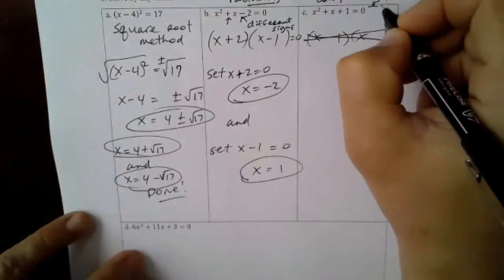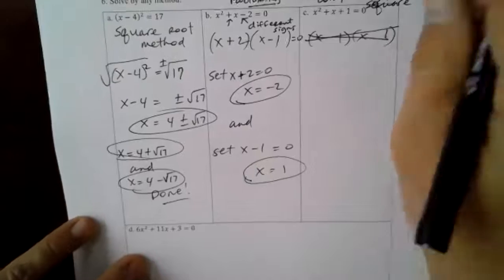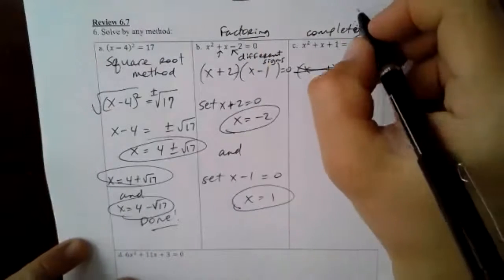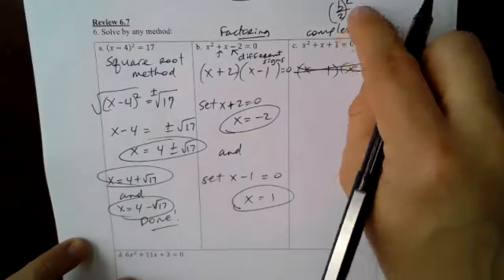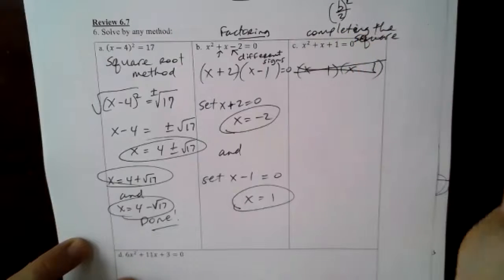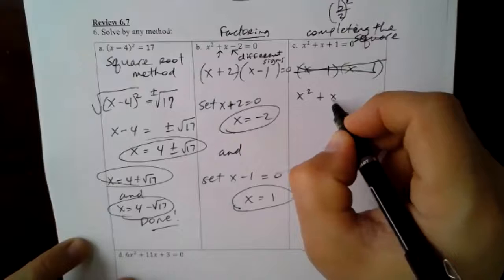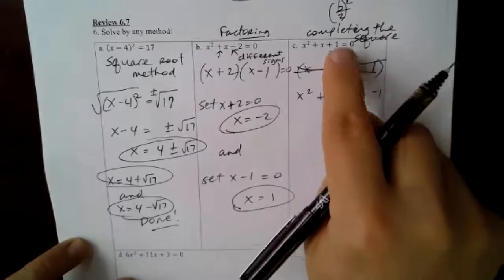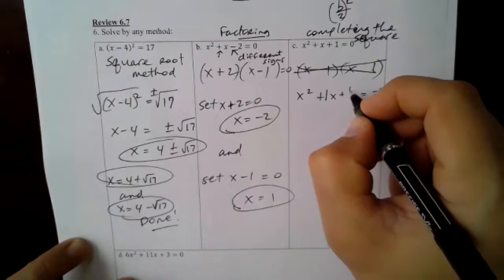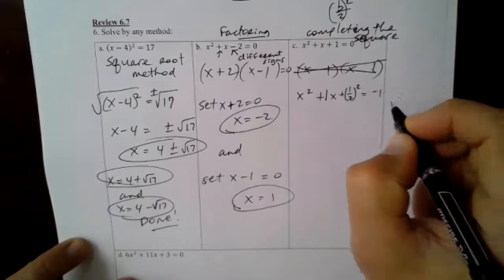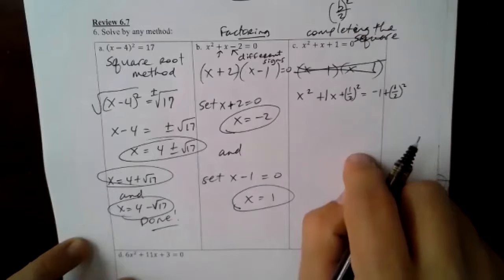Let's try completing the square just to refresh you. When you hear the words completing the square, remember the term b over 2 squared. These two need to be synonymous in your mind. So what we're going to do is move the c term over to the other side, and then take this b term and add b over 2 squared to both sides. Just like that.